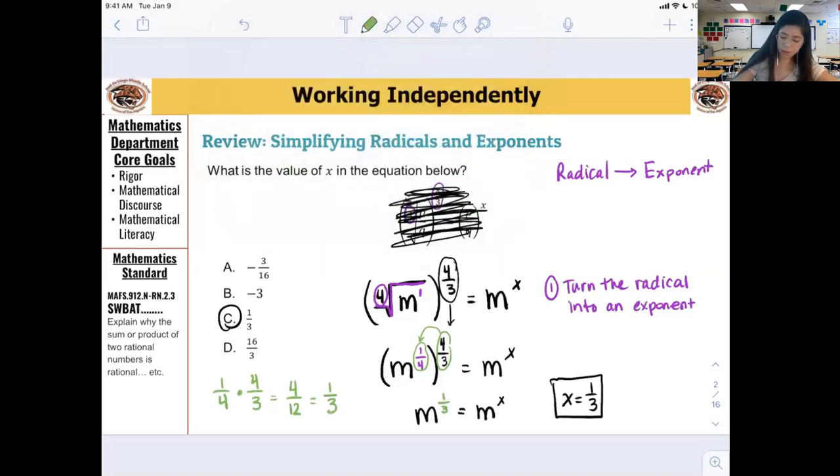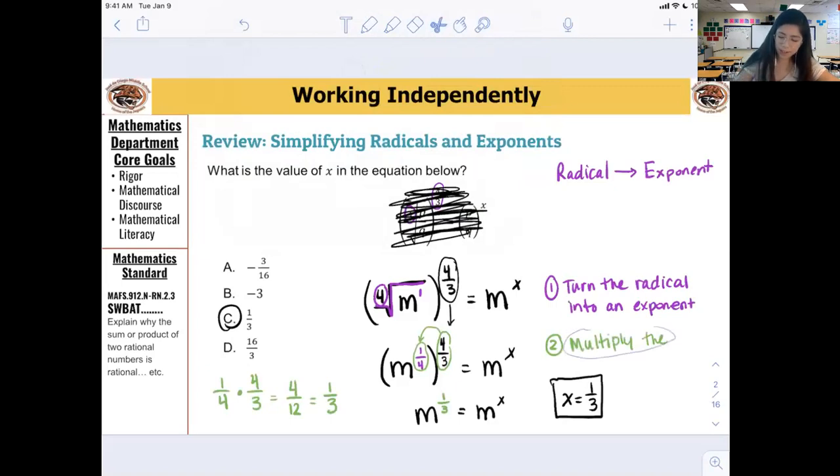What did we do in the second step between the two exponents? Oh yeah, multiply the exponents. I mean distribute. You're right, yep.